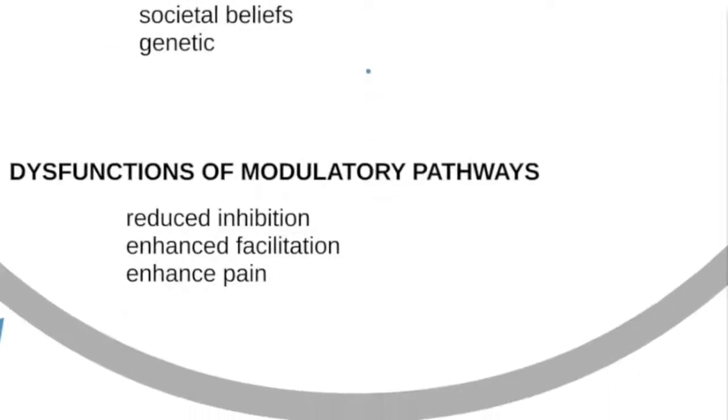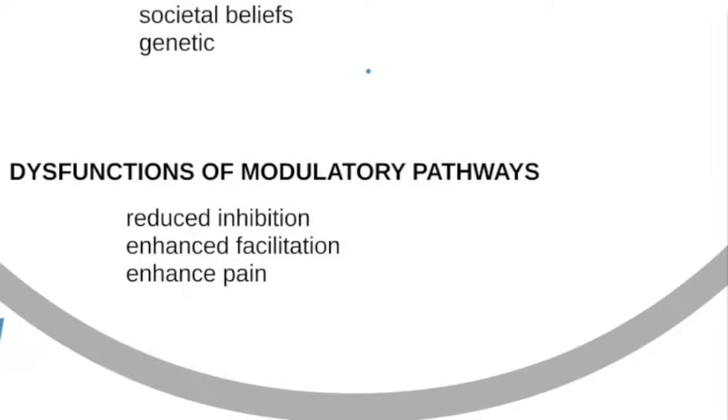So personal experience, emotional state, societal beliefs, genetic factors, and familial factors all help to explain the variability in pain. And in fibromyalgia, they probably also help to explain the persistence of the pain in the absence of, I suppose, a somatic abnormality.